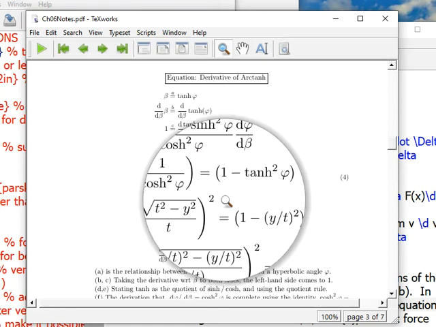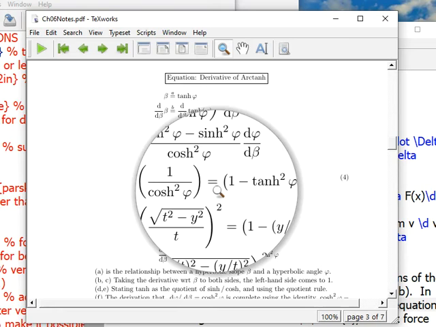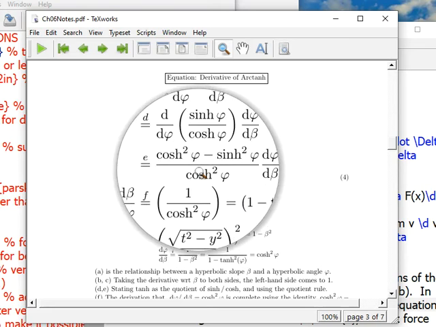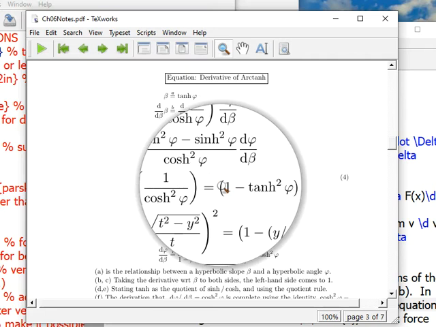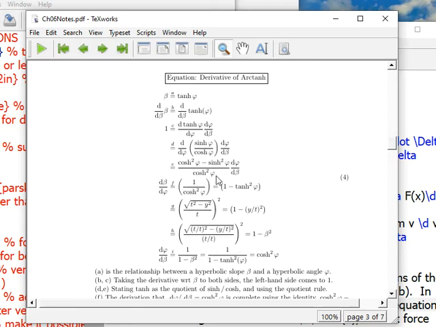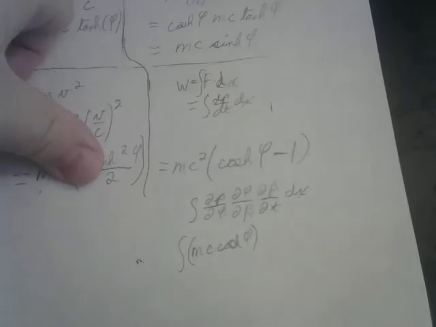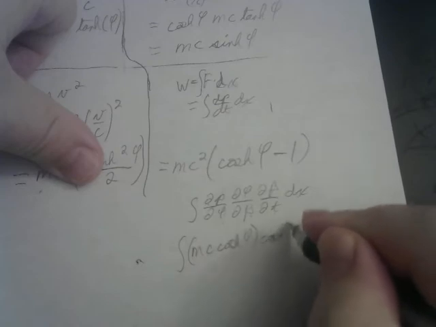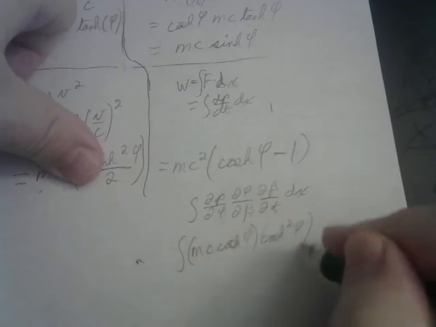We can simplify that in two different ways: 1 over cosh squared phi, using the identity that cosh squared phi minus sinh squared phi is 1, or 1 minus tanh squared phi, which is just dividing both the cosh squared phi by cosh squared phi and the sinh squared phi by cosh squared phi. So this is actually what I use. d beta d phi equals 1 over cosh squared phi. Except here it's d phi d beta, so I'm going to use the reciprocal of that, cosh squared phi.